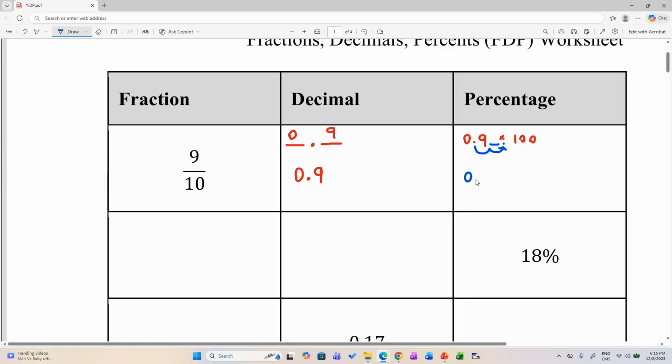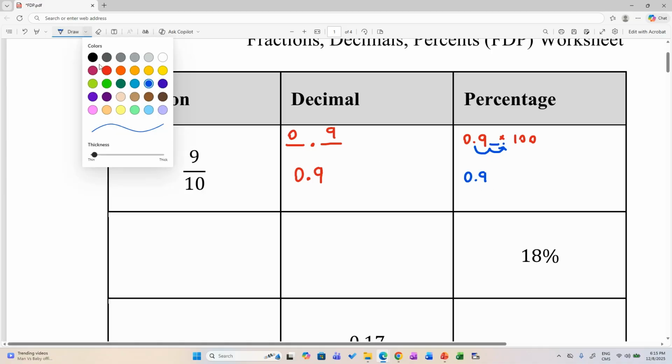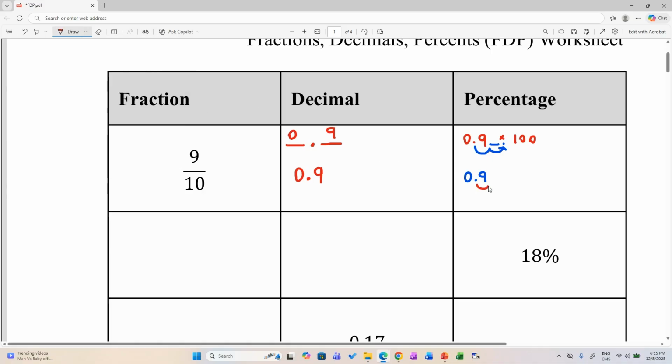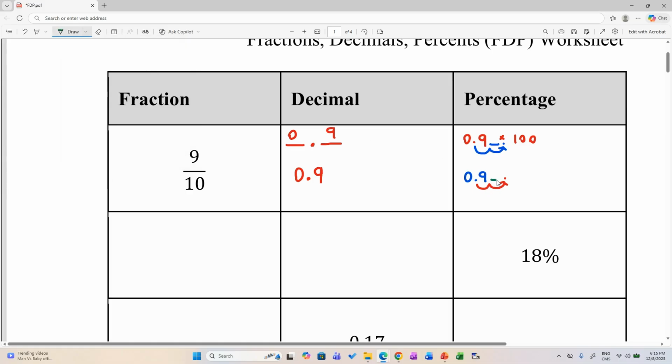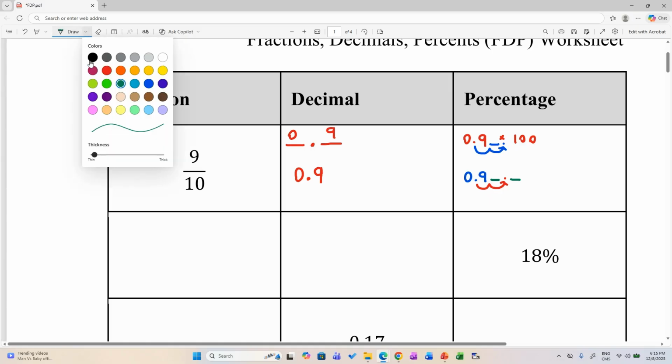So hence 0, I'll just make more room. 0.9 was originally here. I moved it 1, 2, I moved it over here. But there are place value holders here and here, and I'm going to have to add zeros there to take their place.